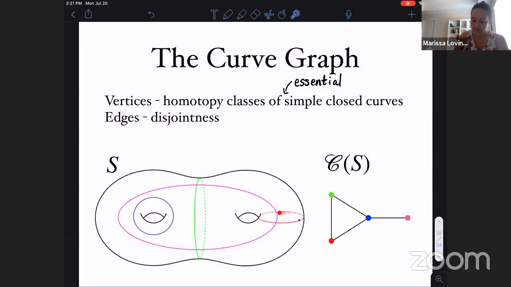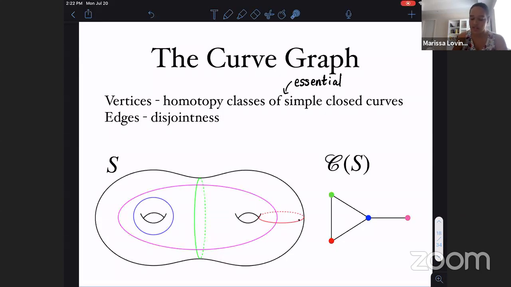Here's my blue curve, here's my red curve. And then I'm doing the same thing. So green is disjoint from both red and blue. So we connect them with edges. Pink intersects both green and red. So we don't see an edge there, but we do see an edge with blue because these ones are disjoint.